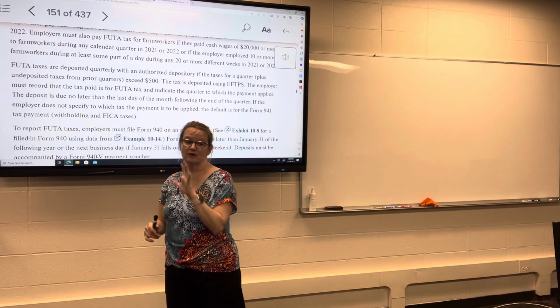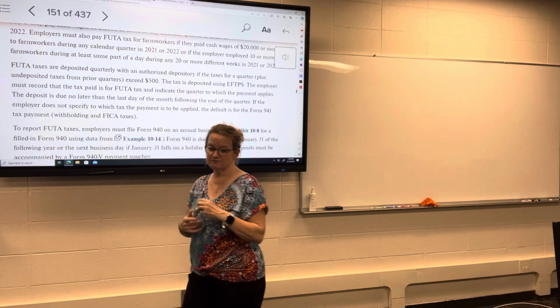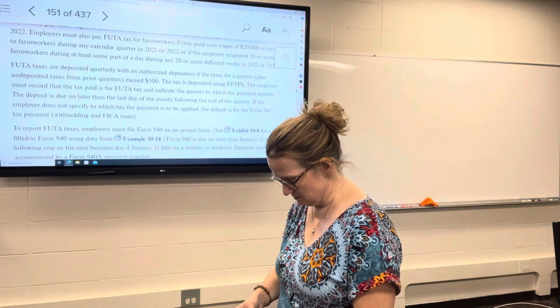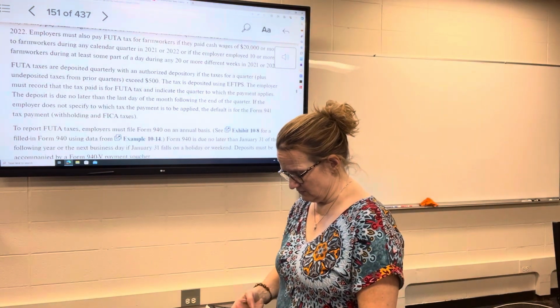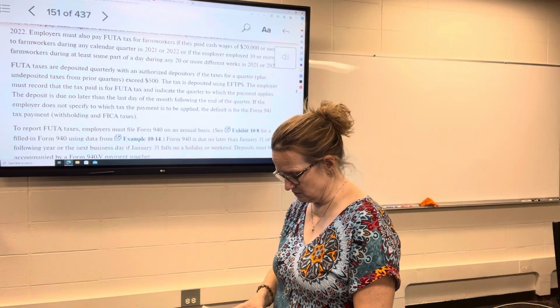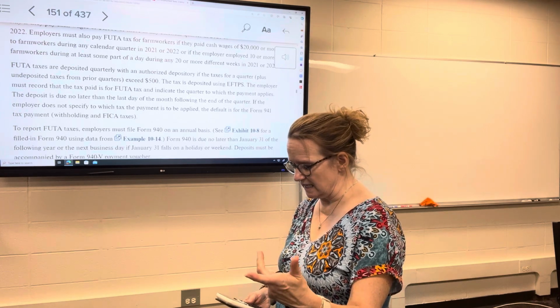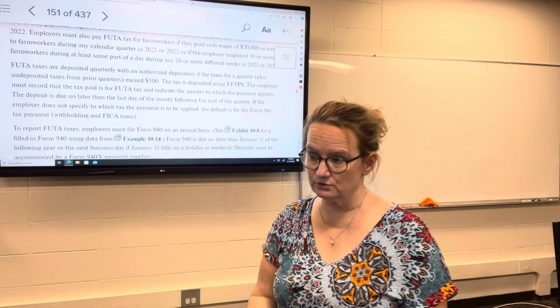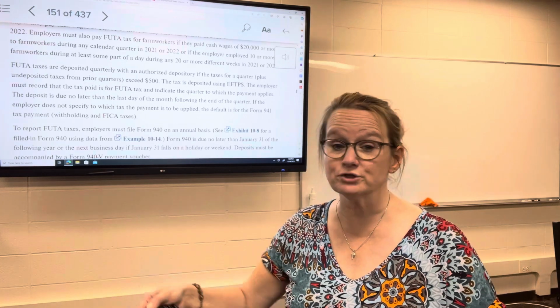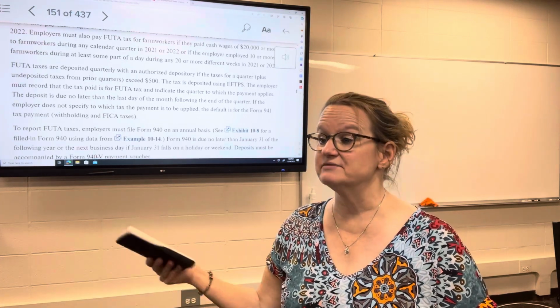And if you've got the full credit, what's 500 divided by 0.006? Your wages would have to start exceeding $83,333, and that's for multiple employees of taxable wages.